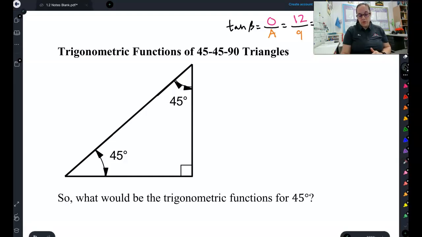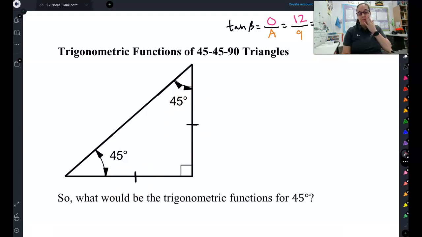In geometry, we usually label this with tick marks. These little tick marks show that these side lengths will be the same length, the same amount. I don't know how long they are. They might both be 5 inches long. They might both be 3.2 inches long. I don't know.